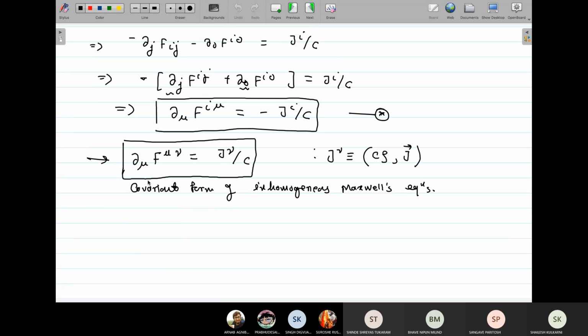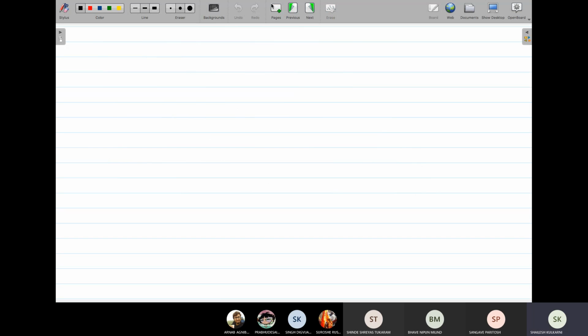So now I will express the homogeneous equations and I will stop. I will write the equivalent expression for homogeneous Maxwell's equations and I will stop. So now consider homogeneous equation, that is del dot B equal to 0 first. Del dot B equal to 0. B is what?